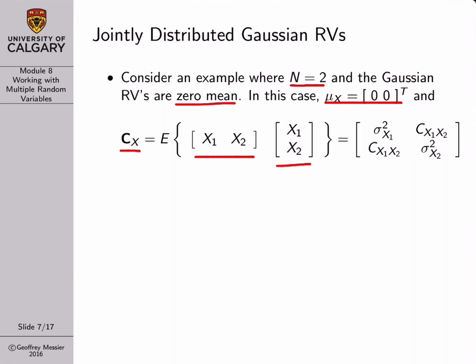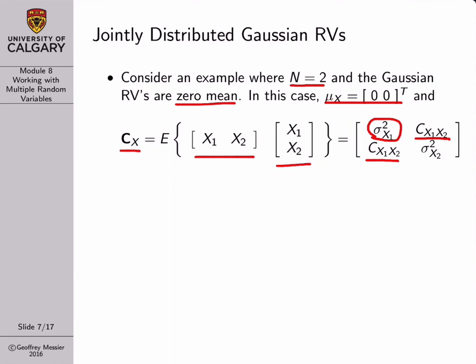When you take the expected value of each of these terms, on the diagonal you get the variance of the random variables because the random variables are multiplying themselves. The cross terms are equal to the covariance values. And you'll note that the matrix is symmetric around its diagonal.